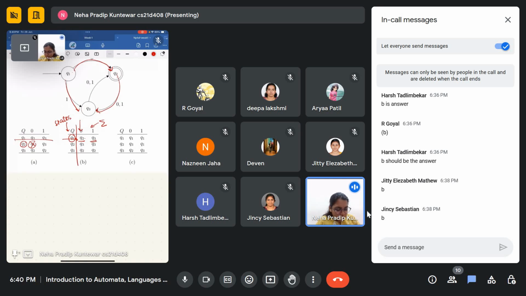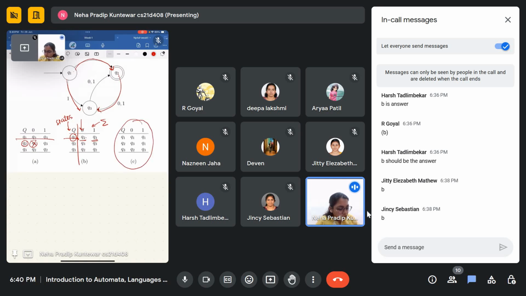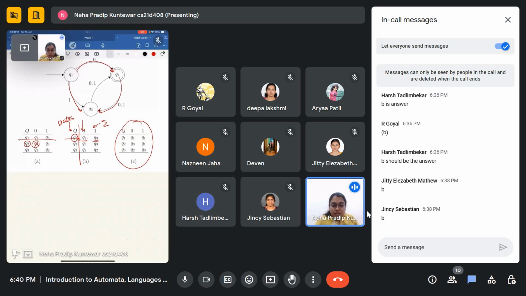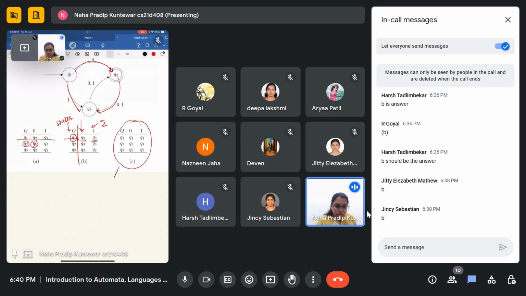For example, if I have this table C, I can construct the DFA by looking at the table. Maybe I'll pose the question to you: what is the information that is captured by the DFA, but is missing in the table?